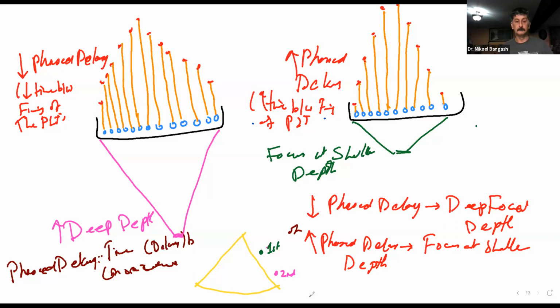Is that clear? Which mainly means that for the beam to focus at this shallow depth here, it will start off with having great phase delay, mainly to be able to cause the beam to focus at this depth here.